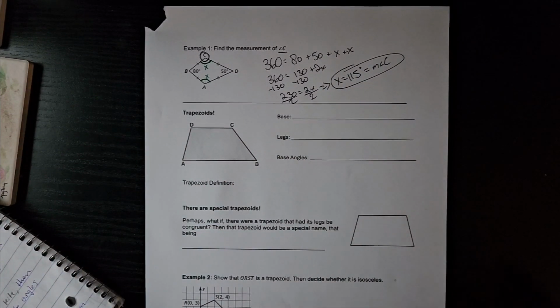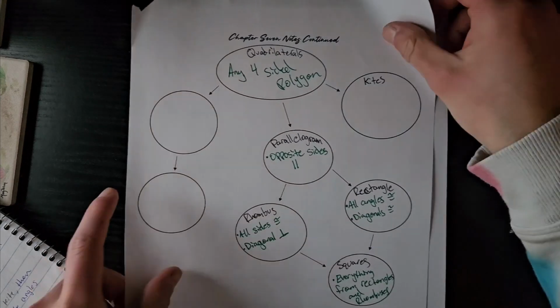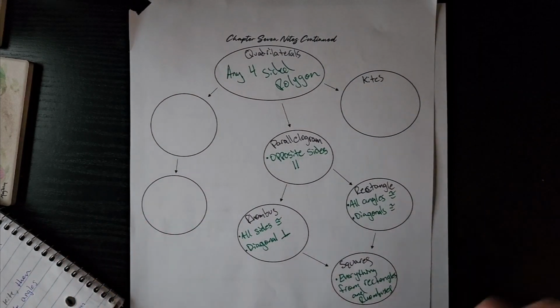It's not too bad. Kites are the easy part for this unit, or this section. The hard part, I wouldn't even say it's the hard part, but the more complicated and more loaded shape is the trapezoid. But before we move on, let's fill out this part with kites.